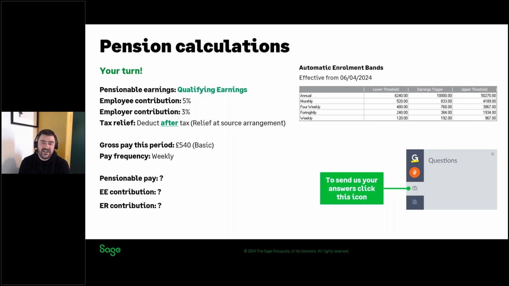So I'll give you a couple of minutes to work out the pensionable pay in that scenario. And I've got the auto enrollment bands to help you out there. To work out the employee contribution, at 5% deducted after tax, and the employer contribution of 3%. So let us know what you think in the Q&A. And after a couple of minutes, I will work through the answer with you. So I will speak to you in a minute or two.